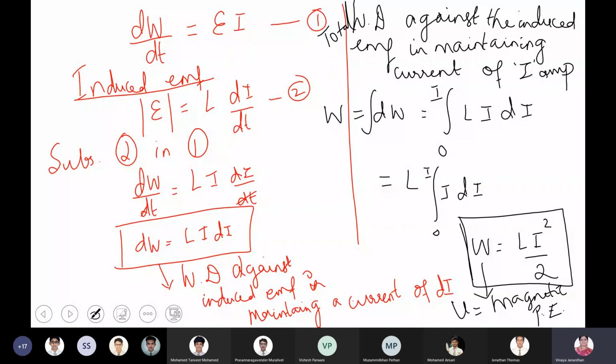Shall I move for the next one? And one more thing. Anyone who is interested in finding, like in your Biot-Savart law, the strength of the magnetic field at the center of a current carrying loop, current carrying coil, we do have an experimental setup in the laboratory. The strength of the magnetic field at the center of a current carrying conductor depends on the magnitude of the current.